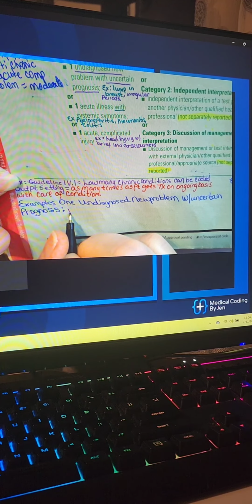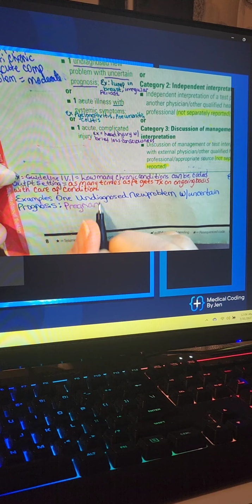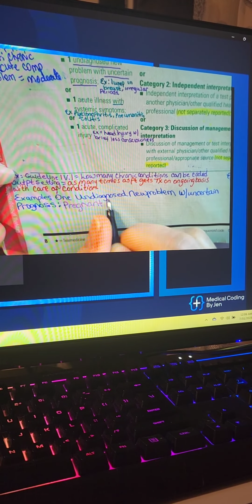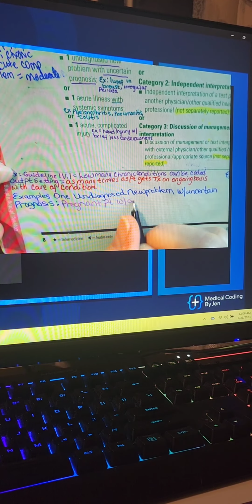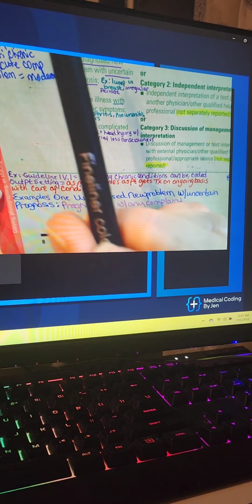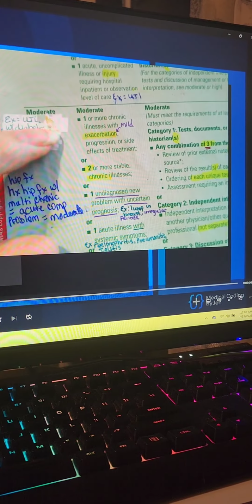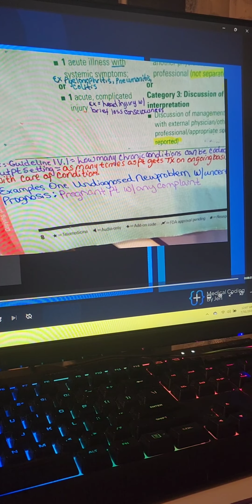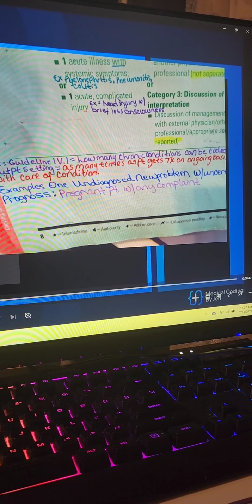If we happen to have a pregnant patient with any complaint that would constitute the reason for today's visit, we would be under moderate for the first level of MDM, which is the number and complexity of problems addressed for that encounter.